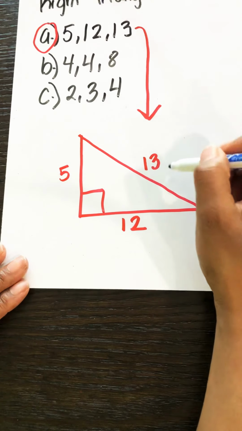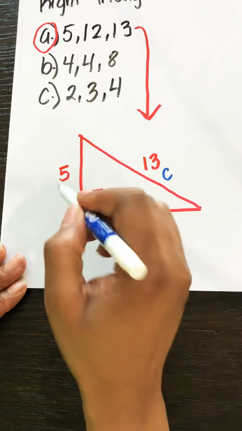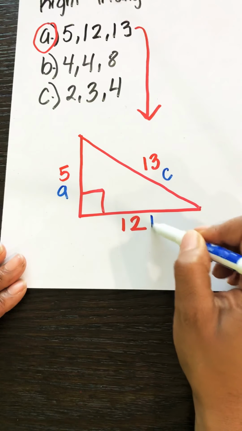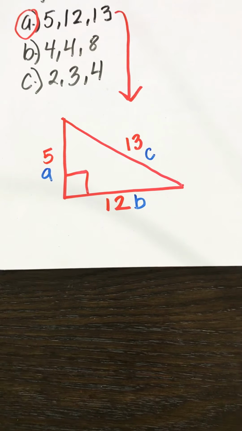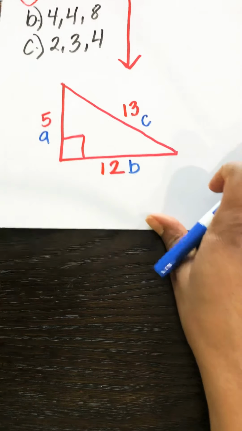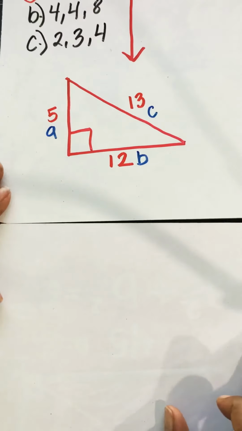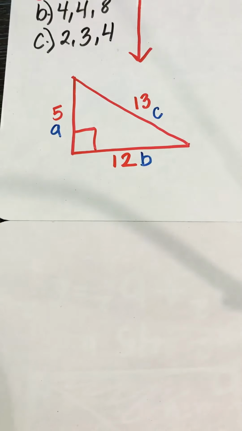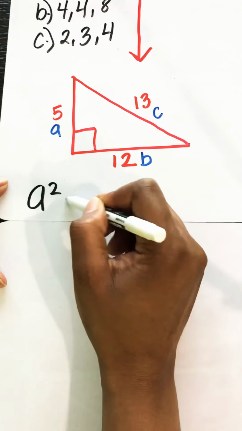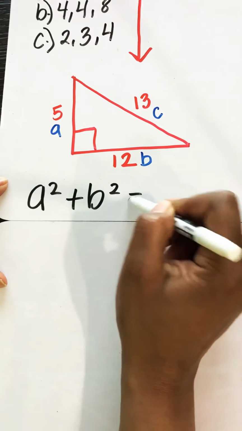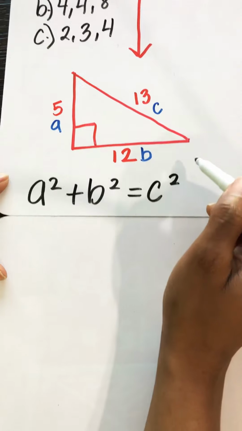And remember that your hypotenuse is C and your two legs are A and B. So what we want to do now is test out each of these numbers to see if the Pythagorean theorem is true. Okay, and I'll explain what I mean. Remember, the Pythagorean theorem says that a squared plus b squared equals c squared, right?